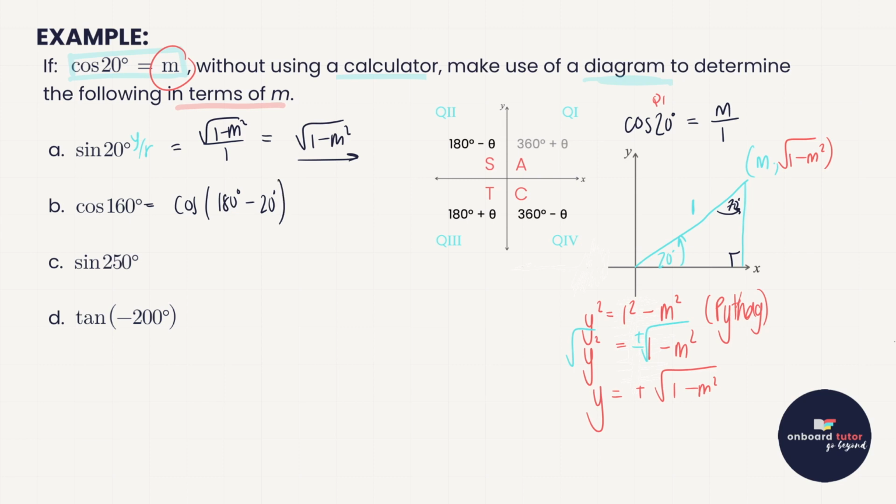That gives me 160. And in quadrant 2, is cos positive or negative? Cos is negative here. So that's going to be minus cos of 20 degrees. Cos is x over r, so minus m over 1. Or I can go back here and just say minus m is my final answer for that question.